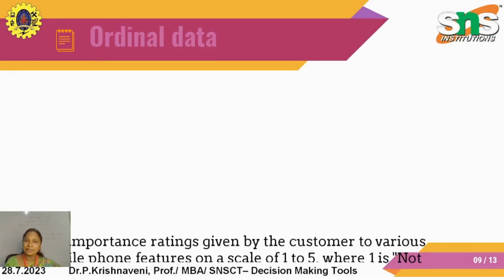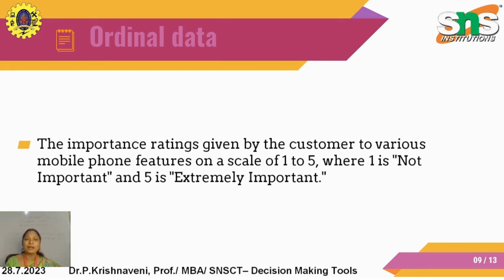From our study, our ordinal data is the importance rating given by the customer to various mobile phone features on a scale from 1 to 5, where 1 is not important and 5 is extremely important. It has some order, no? Not important, important, extremely important.